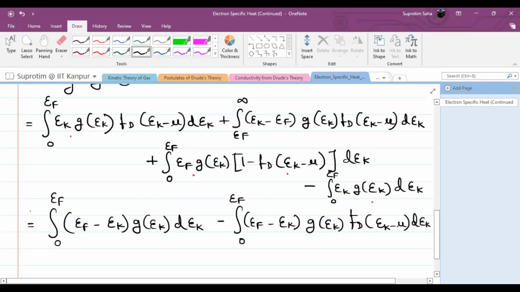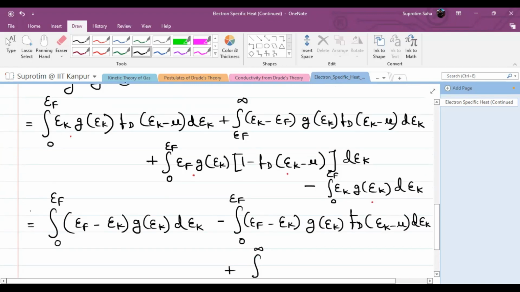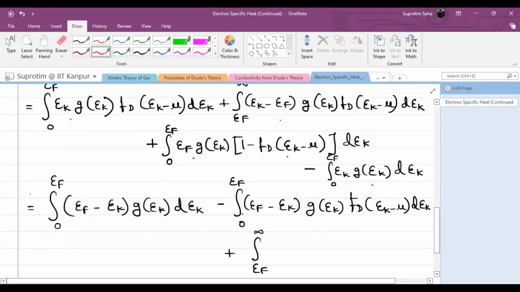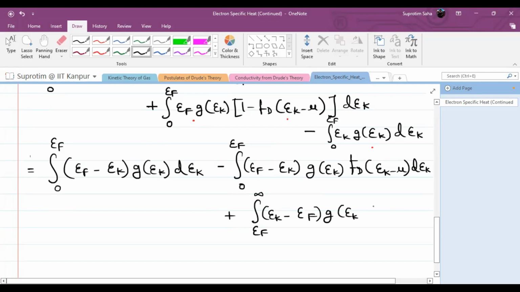All right, and one term is left, which is plus EF to infinity. Only one term is left, which is EK minus EF, G of EK, Fermi-Dirac epsilon K minus mu, D of EK.